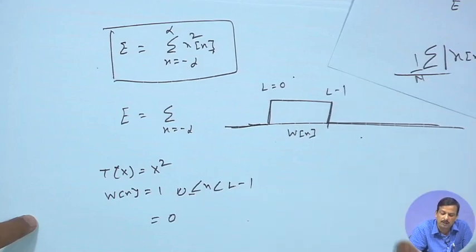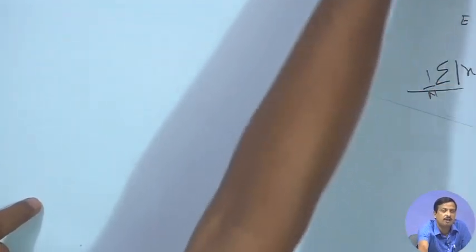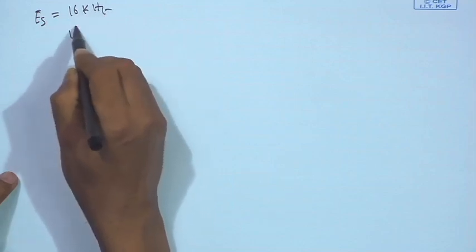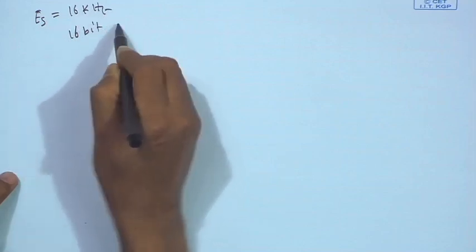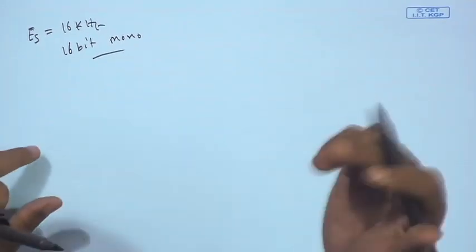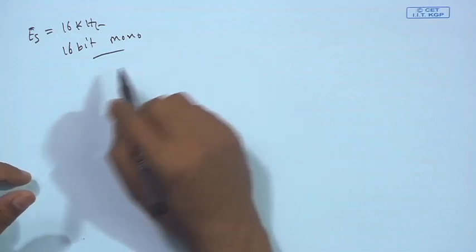So, if I say find out the short term energy, first I record your name at Fs equal to 16 kilohertz and 16 bit mono. Record your name on the computer. So, put in the microphone, connect it to the computer, and record your name.